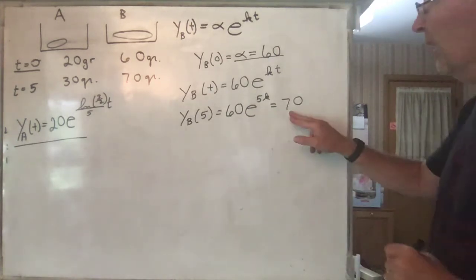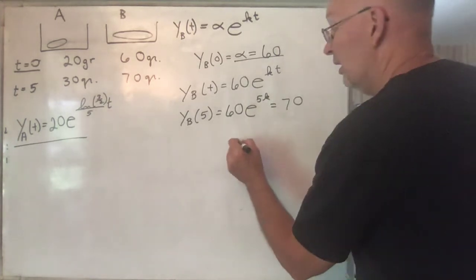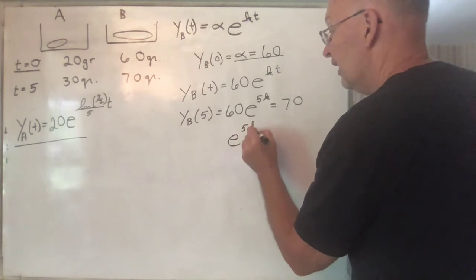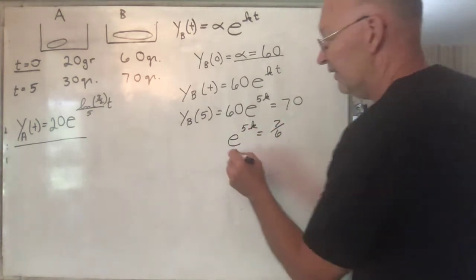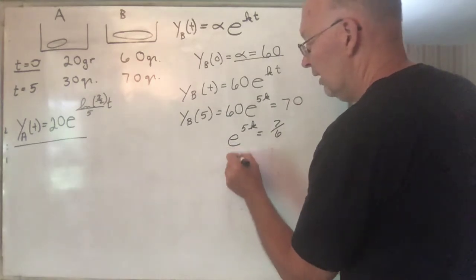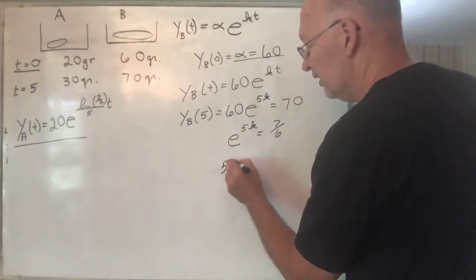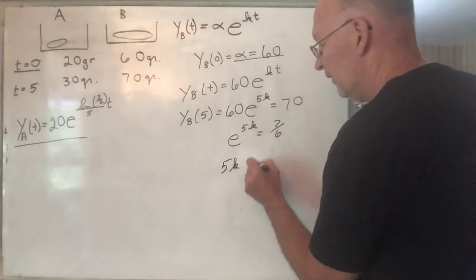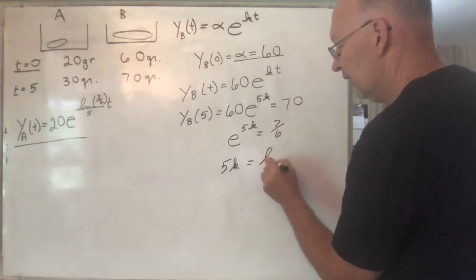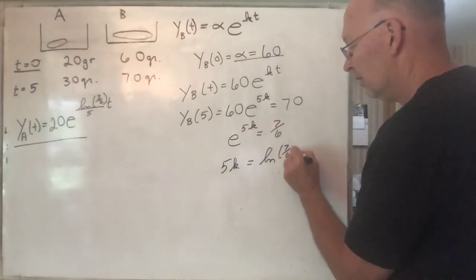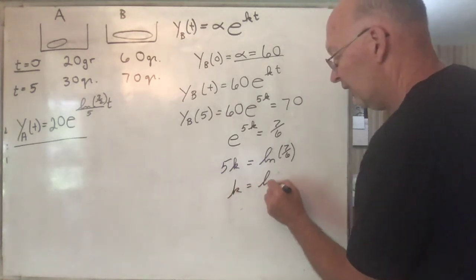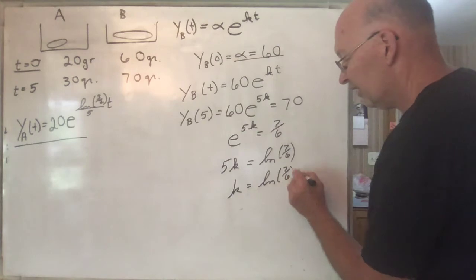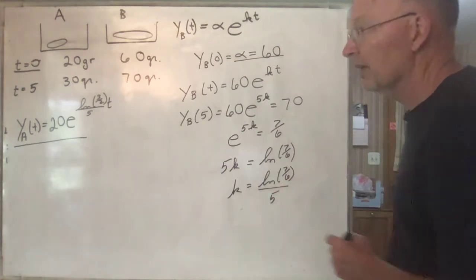I'll divide through by 60 and get e to the 5k is equal to 7/6. Take the ln of both sides. If I take the ln of this, I just get 5k. If I take the ln of this, I get the ln of 7/6. And so k is equal to the ln of 7/6 divided by 5.